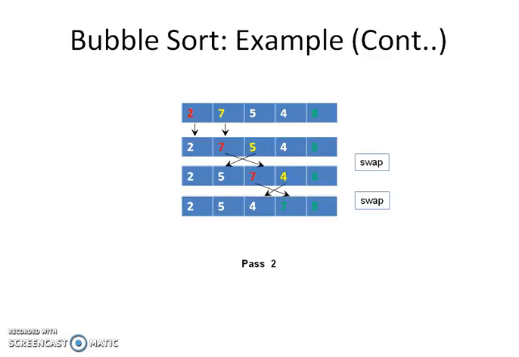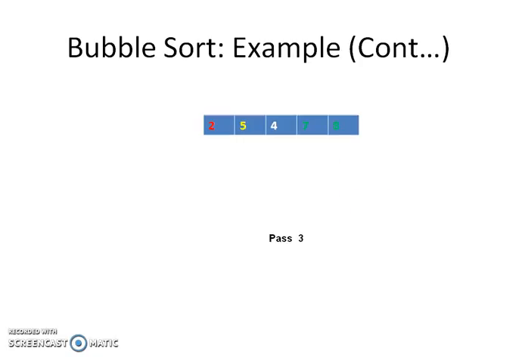Then we compare 7 and 4. 4 is less than 7, so we swap 4 and 7. So after this pass, 7 and 8 will be in sorted order, and the remaining 2, 5, 4 will be unsorted, and this is taken as input to the next pass.